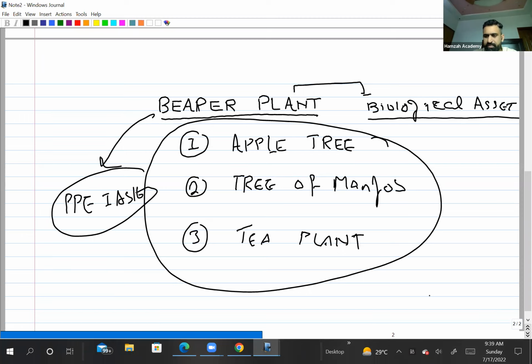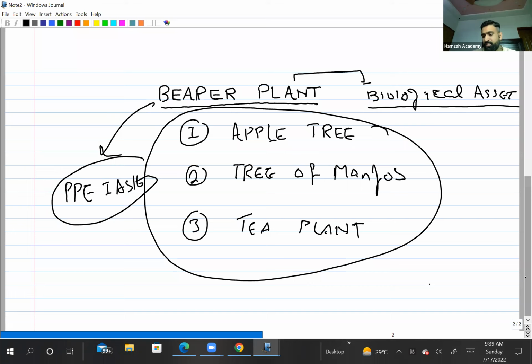Okay. So it is the definition of property, plant and equipment. Any question? If you take the examples, in IAS 16, plant and machinery will come under IAS 16.